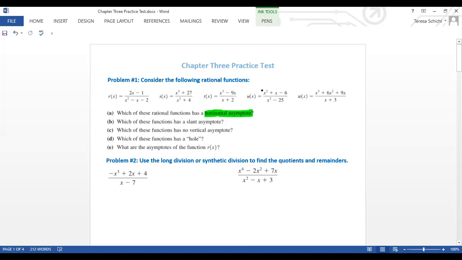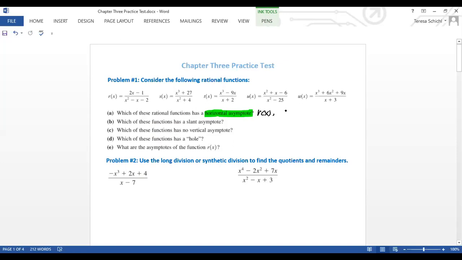Let's take a look at the first one. R(x) is (2x minus 1) over x squared. Here the numerator is first degree and the denominator is second degree, so the limit approaches 0. So yes, R(x) has a horizontal asymptote. Then S(x) has x cubed in the numerator and x squared in the denominator, so the horizontal asymptote does not exist.